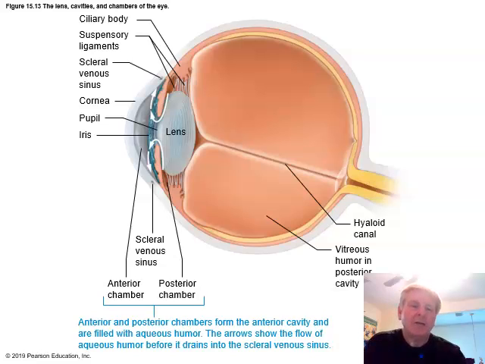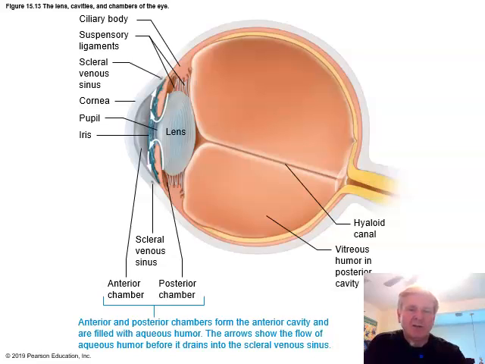Okay, the anterior cavity is anterior to the lens. The anterior cavity consists of a posterior chamber and an anterior chamber. The ciliary body will make a fluid called aqueous humor. Less viscous than vitreous humor. It's more watery. It has a consistency closer to what plasma is.